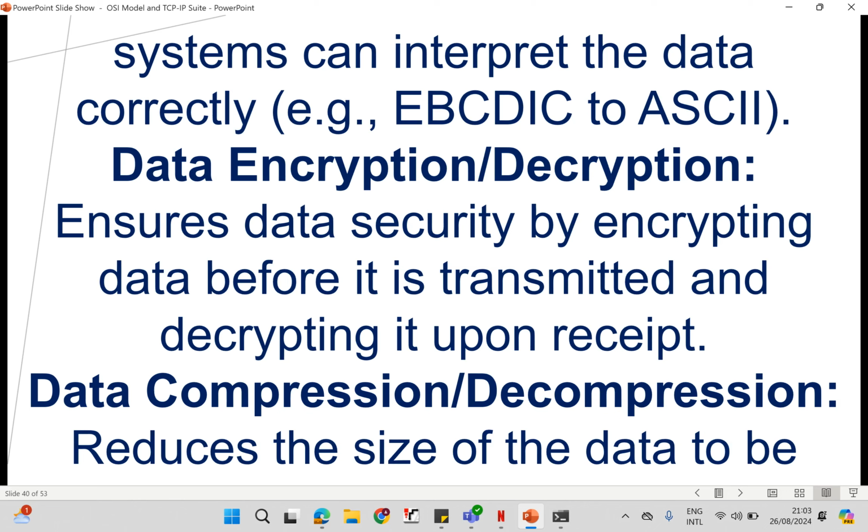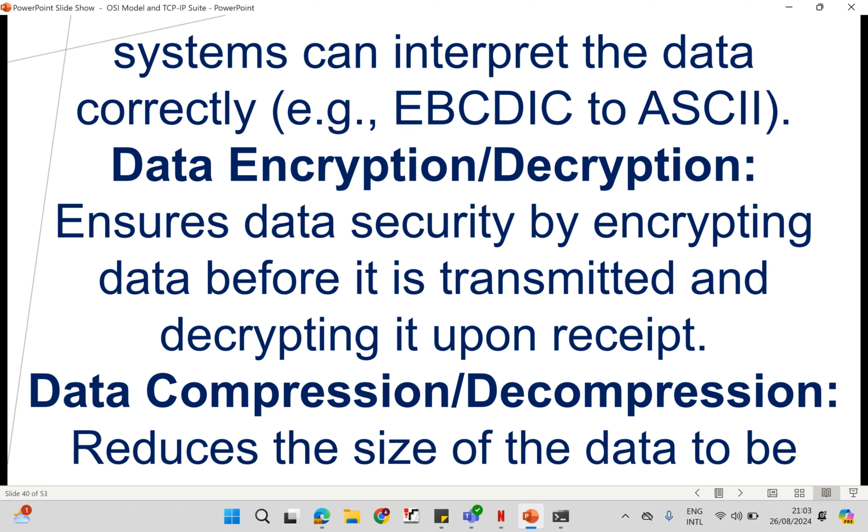So what we are saying is it's going to do the whole conversion for us, so that you will be able to understand what it has been carrying from layer 1 all to layer 6.